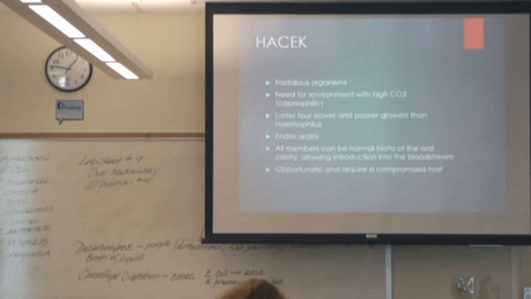A lot of them contribute to endocarditis, and most of them are just members of the normal flora in the mouth, which is a problem because they can go into the bloodstream, okay? These guys are considered opportunistic, so usually they're going to require a compromised host, okay? Also, members of this group are both fermentative and non-fermentative, okay? So you have both.